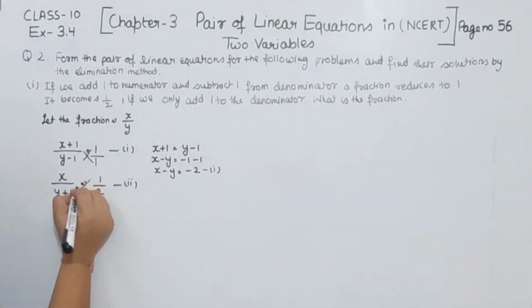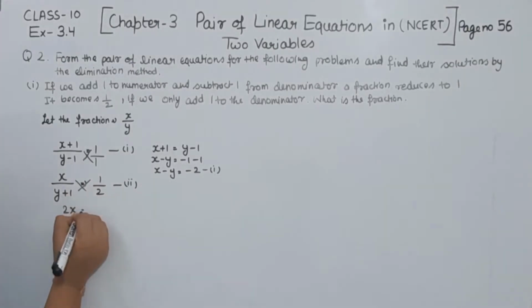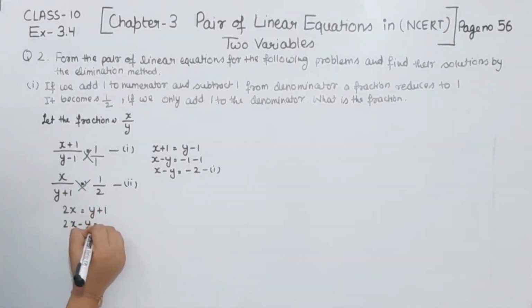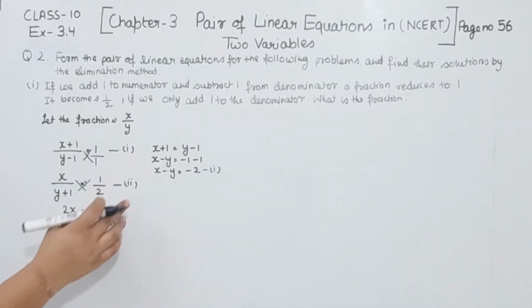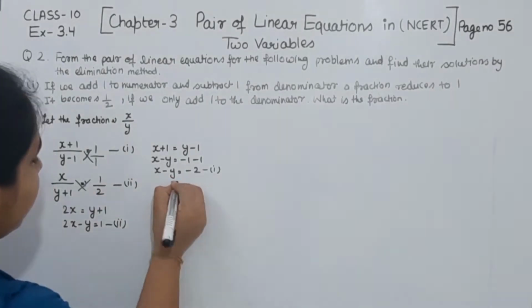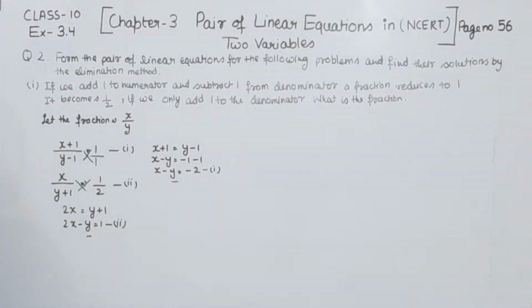Now when I simplify this one, we cross multiply: 2x is equal to y plus 1. 2x minus y is equal to 1. This is equation number 2. Now we have equation number 1 and 2. In these, the variable y is equal in both, so we don't have to equalize the variable x.